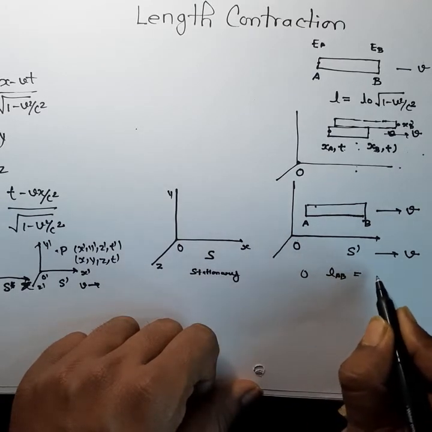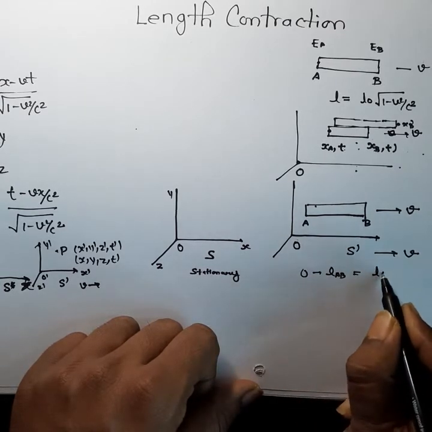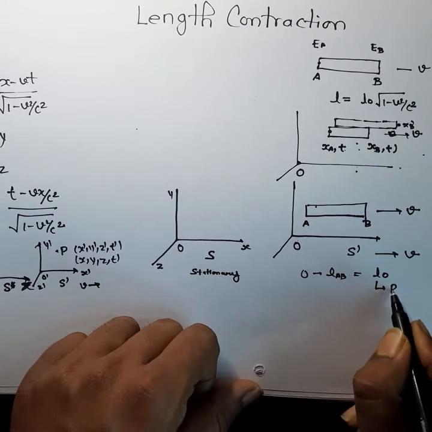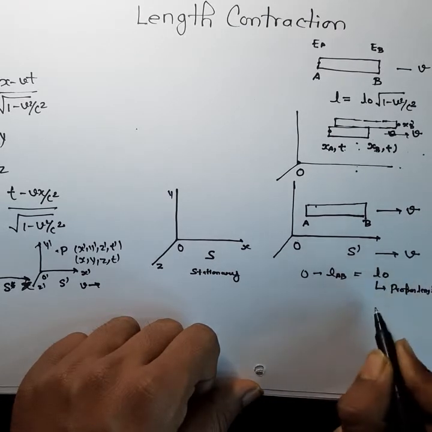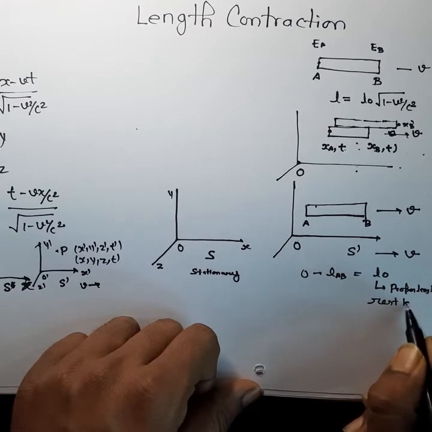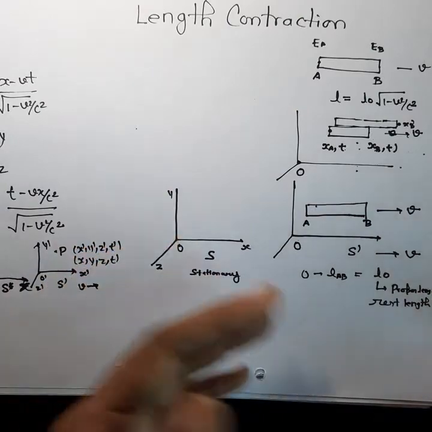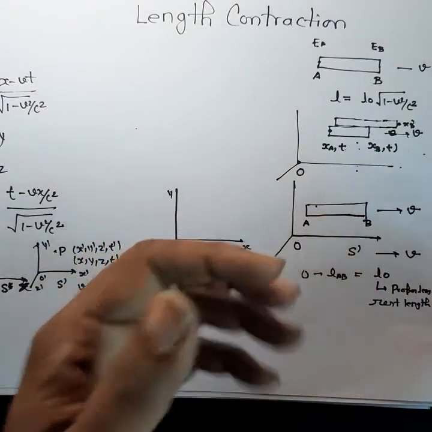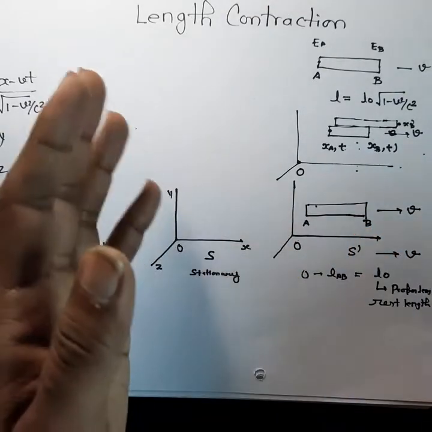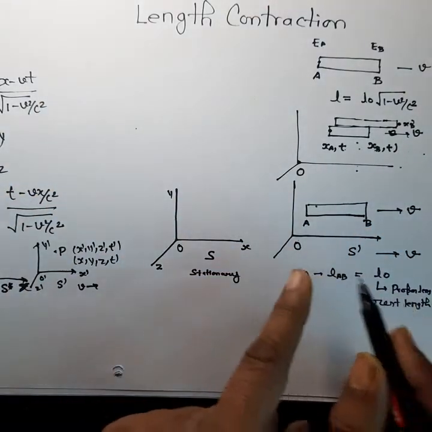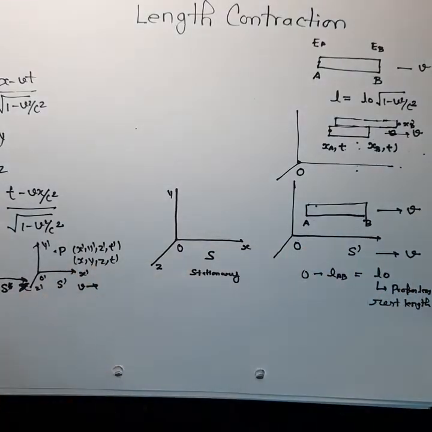LAB will be L0, and this length is called proper length or rest length. Rest length means the length in the frame of reference in which this rod is at rest. When the rod is in a frame of reference in which it is not moving, the observer will measure some length, and this length is called its proper length.